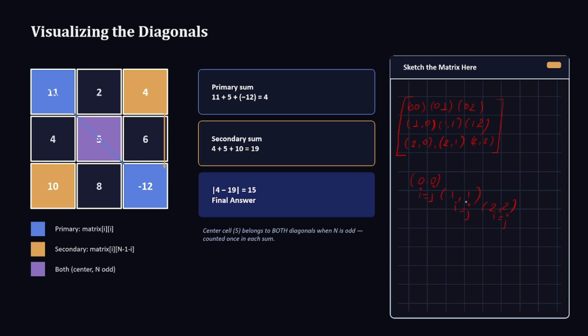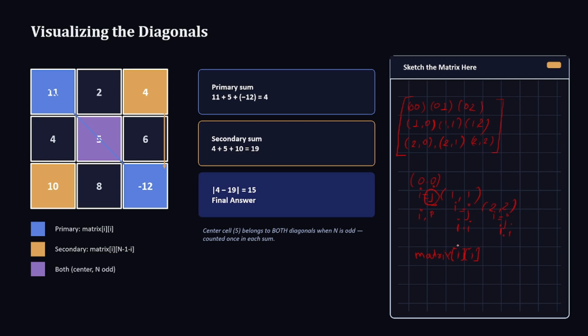So in the place of J, we can use I also: I comma I, I comma I, I comma I. So the formula becomes matrix[i][i]. That's why we can access every primary diagonal element in just one loop.